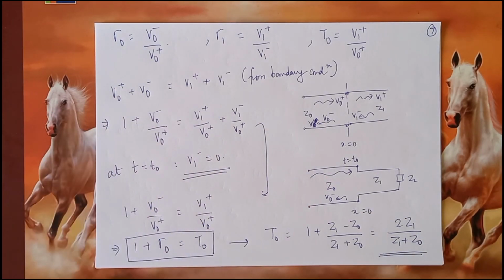Right? So we shall pause at this point, having derived what is gamma 0 and using that finding out what is the transmission coefficient. We shall continue exactly from this point onwards in the next lecture. Thank you.